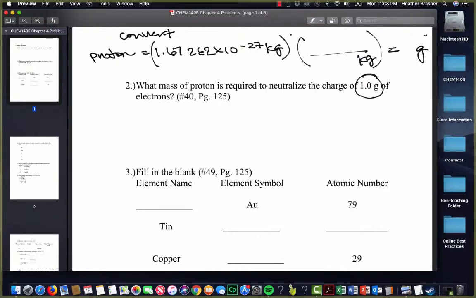You could do that by putting kilograms on the bottom, grams on the top. This would cancel out and you have this left. Well, 1 kilogram equals 1,000 grams, and multiplying this out, you'd end up getting 1.67262 times 10 to the negative 24.